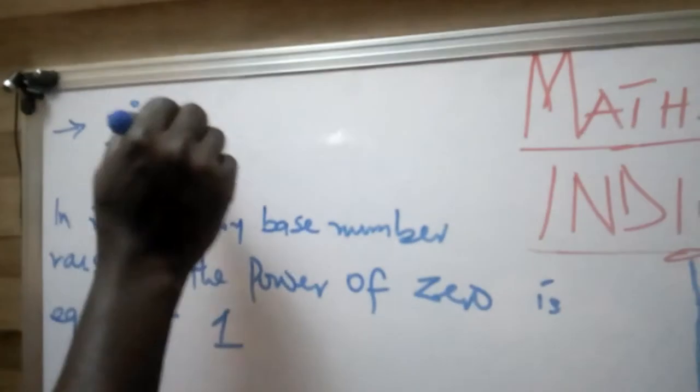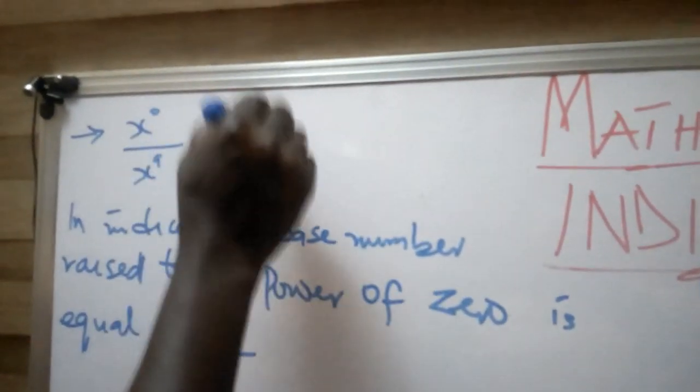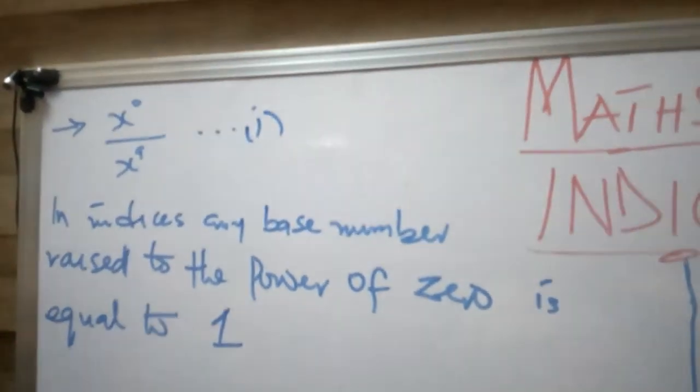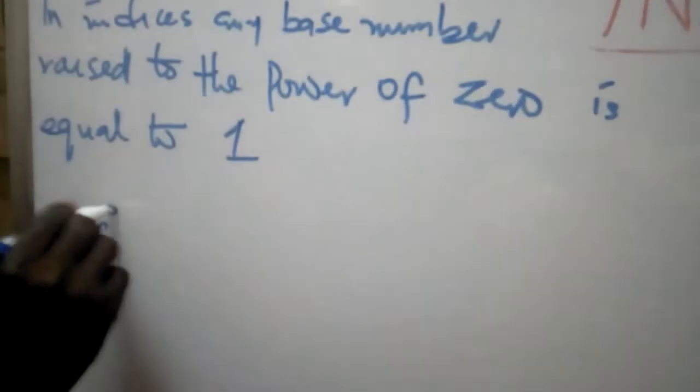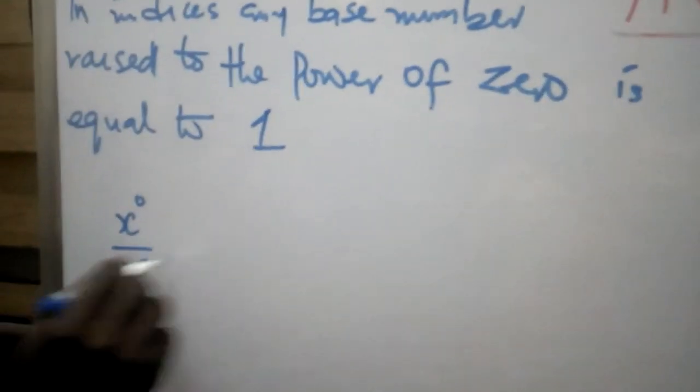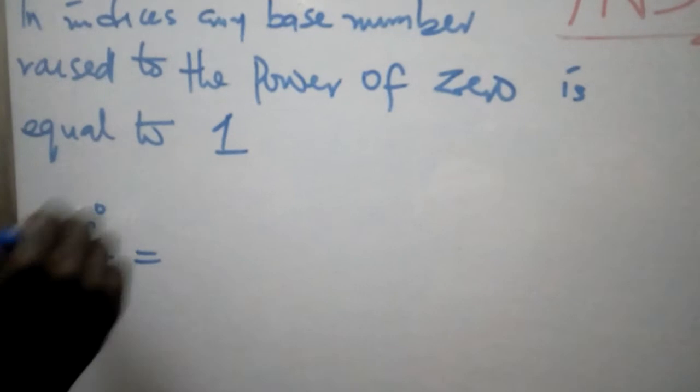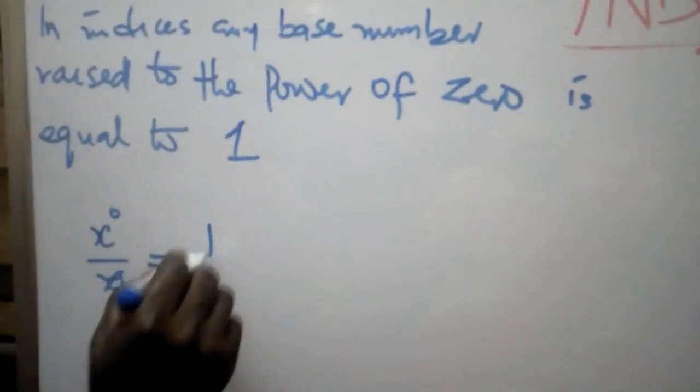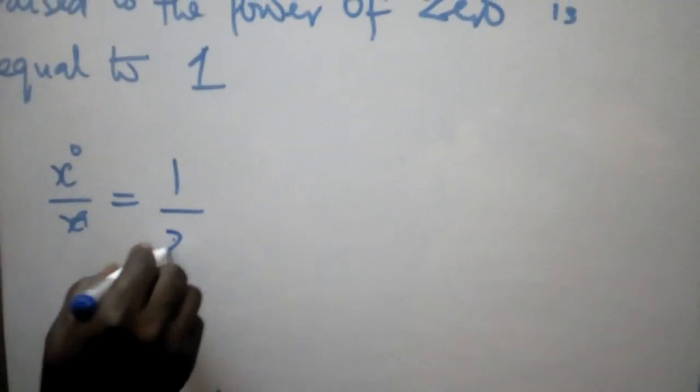So from the above equation, let's term it equation 1, x to the power of 0 all over x to the power of a, since x to the power of 0 is 1, is equal to 1 all over x to the power of a.